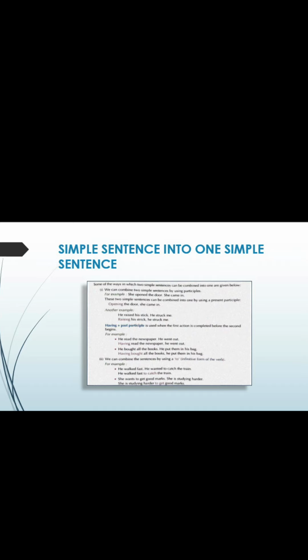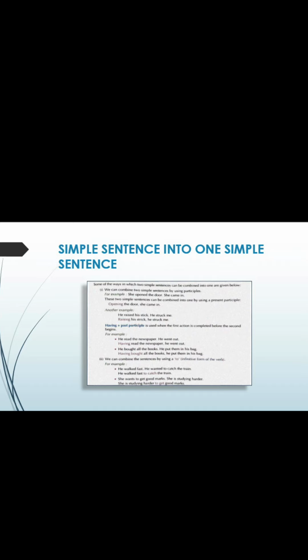by using participles. Now I'm sure you would remember in class 7th also, you must have understood what a participle is, right? So I wouldn't get into what a participle is, but I would let you know that when you're combining two sentences into one using a present participle, you would say something like opening the door, she came in.